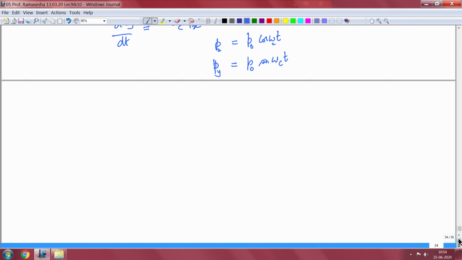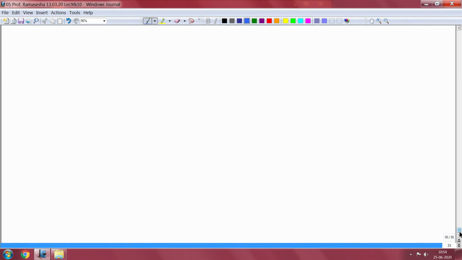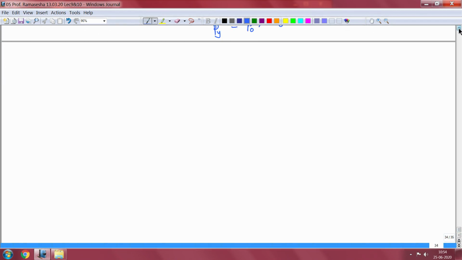Now, the interesting situation arises when a current is also passing through the sample.